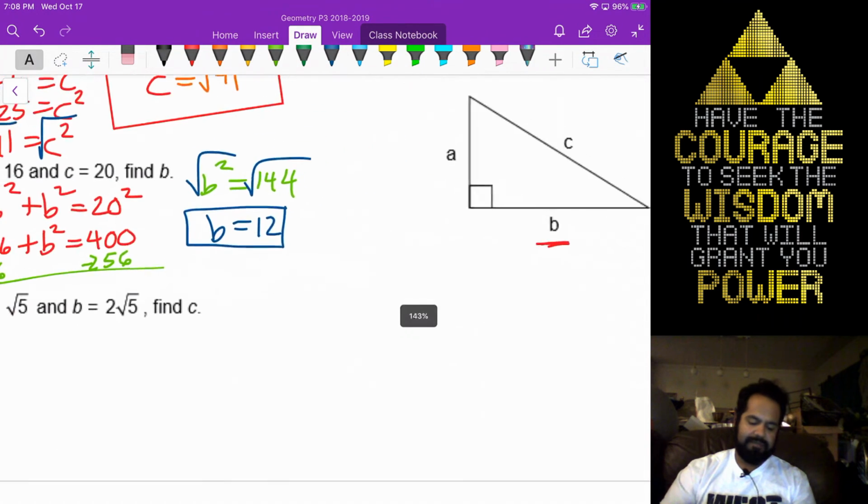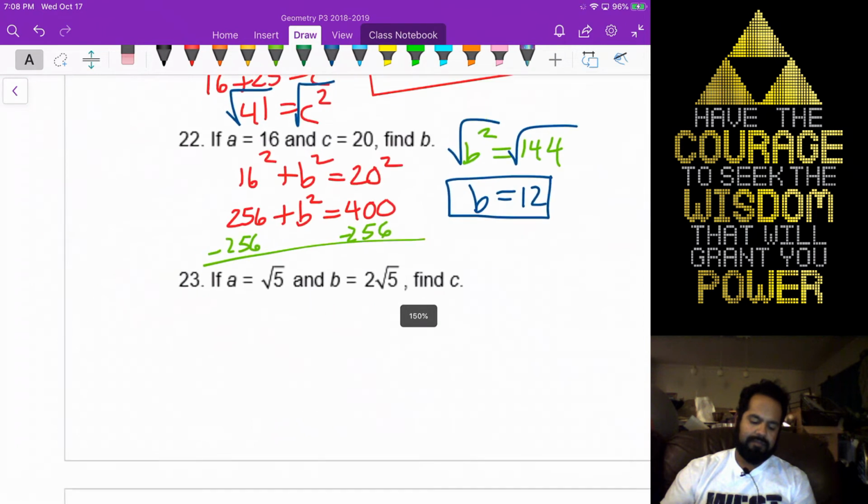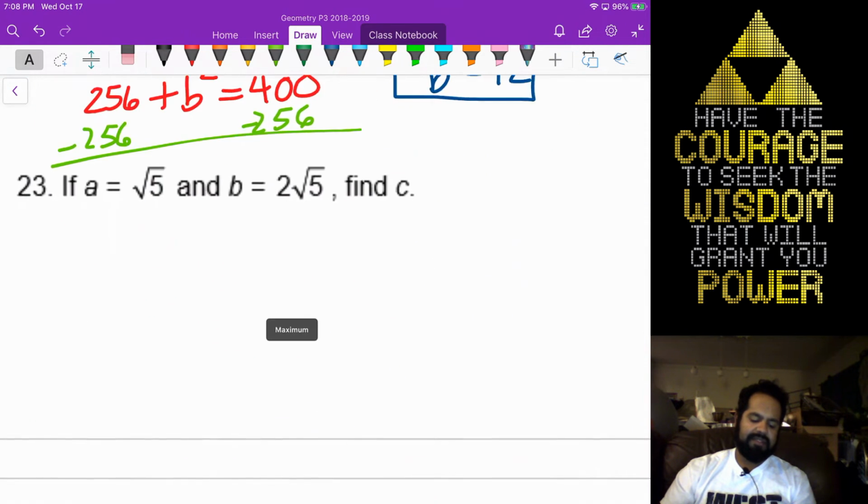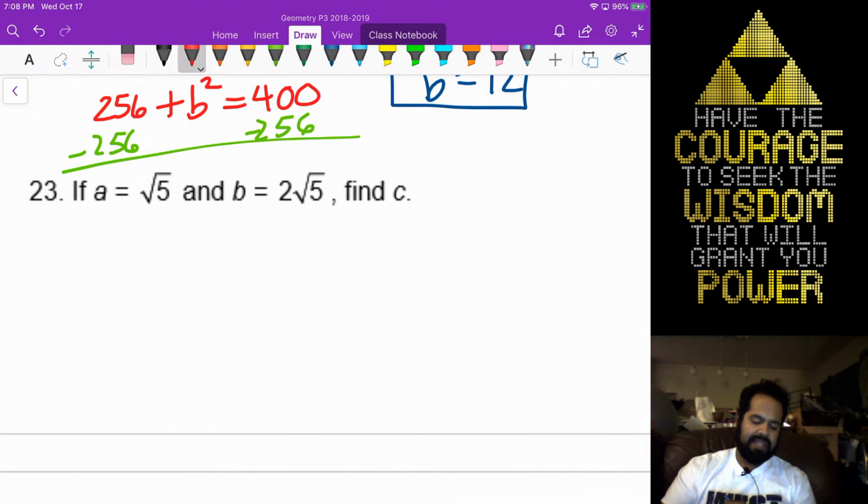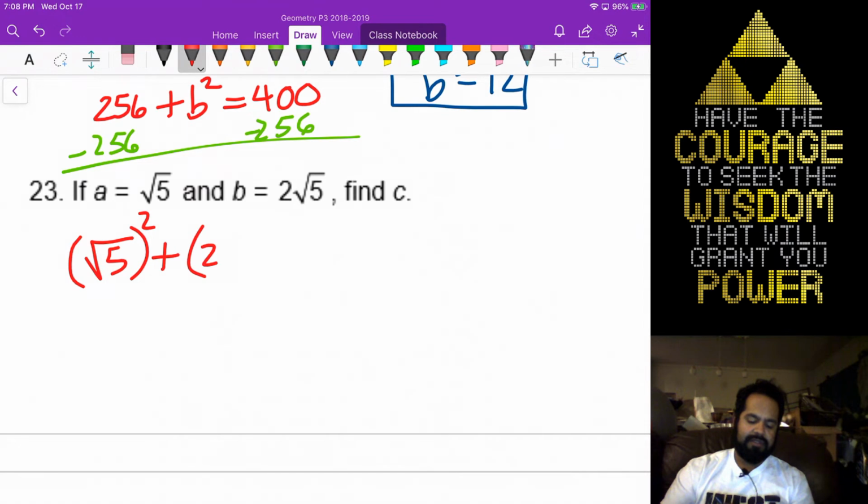Alright. Last but not least, a squared plus b squared equals c squared. So rad 5 squared plus 2 rad 5 squared equals c squared.